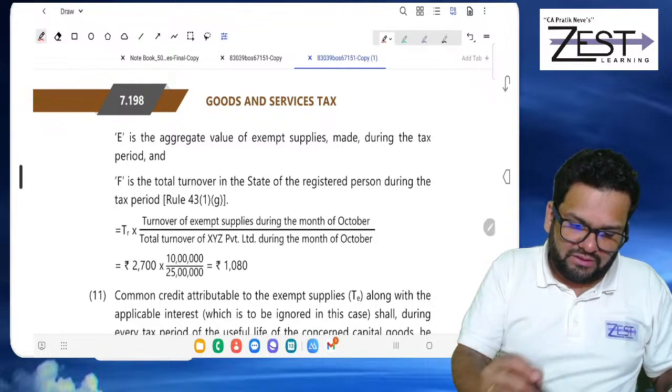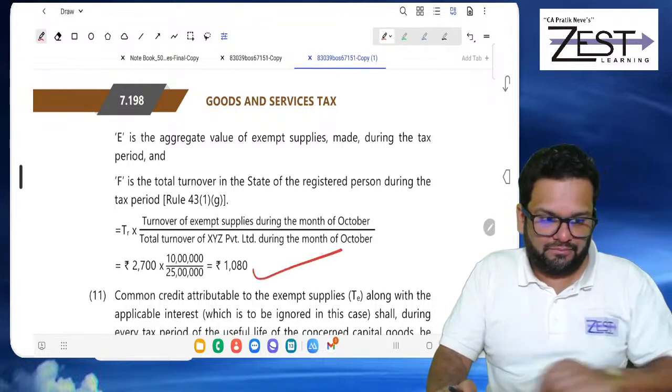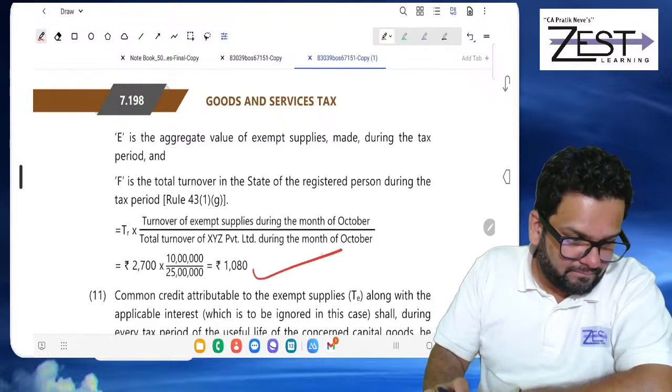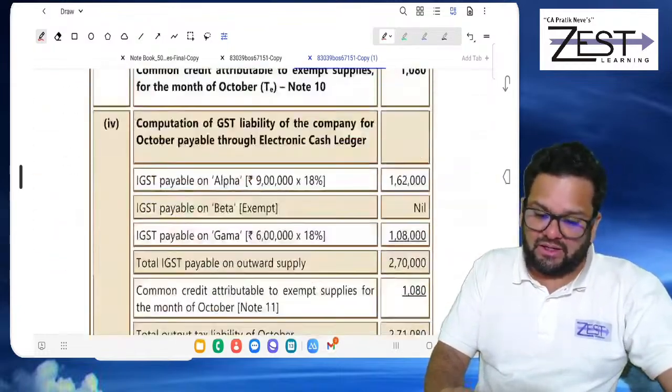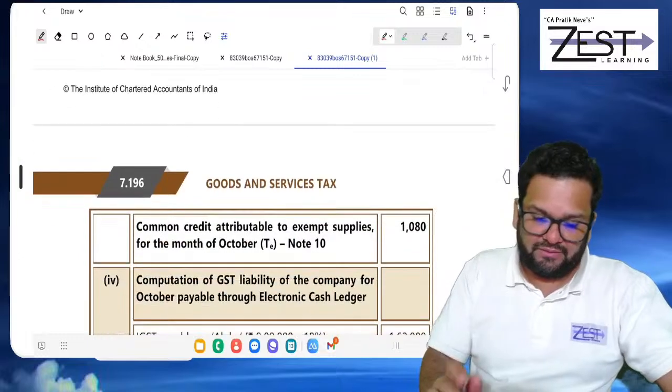Are you getting 1080 being disallowed? Sir, can you explain again after 99,000? Yes, 100% I can explain.